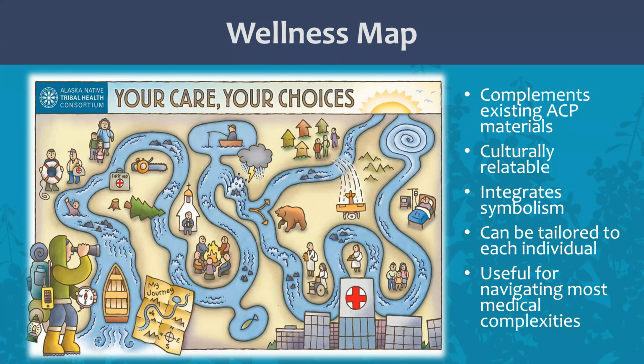So we use this wellness map in lots of different ways. Just imagine we have this wellness map in our palliative care visits, where when someone has a new diagnosis, we'll share, hey, this is like going down your journey on a river, and you've never been down this river before.